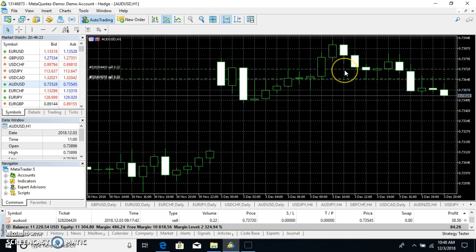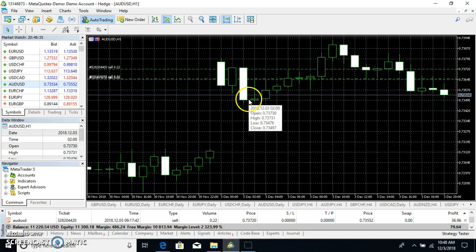Looking at the hour chart, this was clearly a trade that I made last night based on this gap right here. It's called the gap strategy. I think I got in around this area here. Well, let's see.